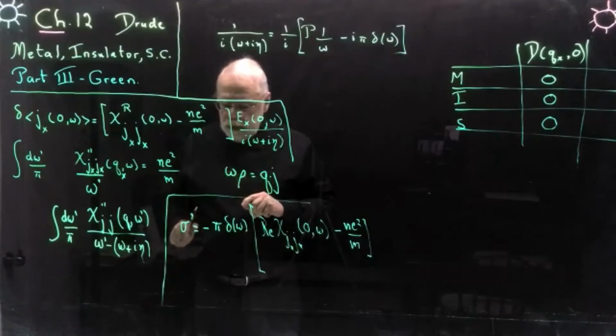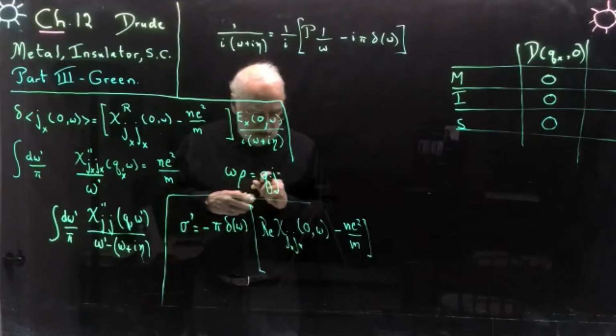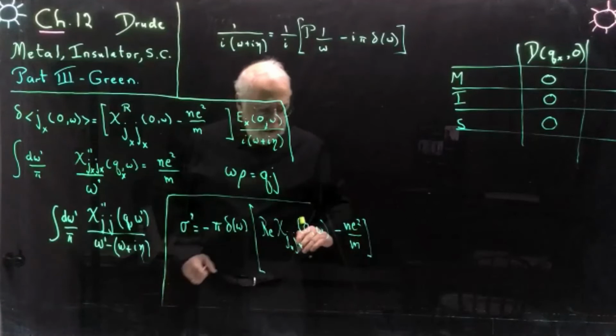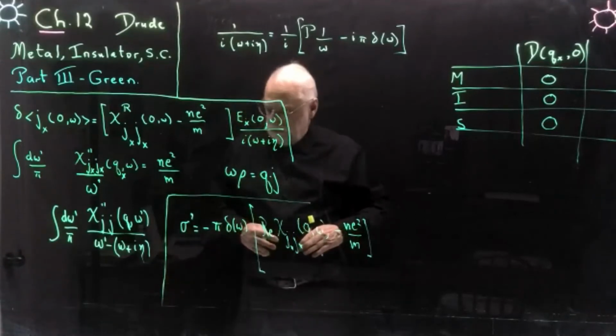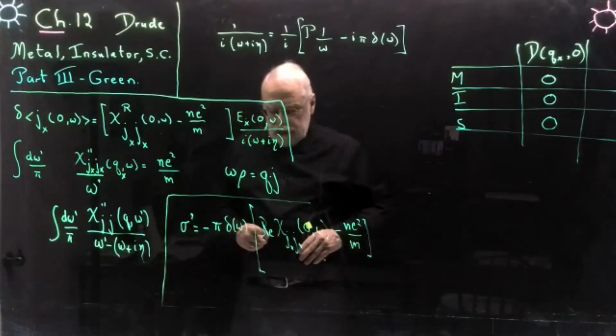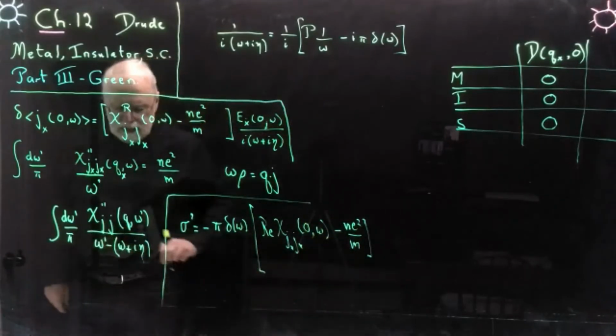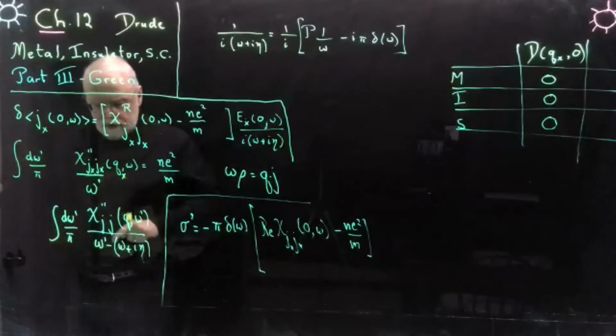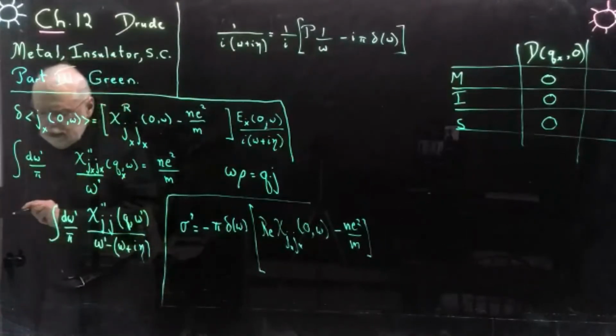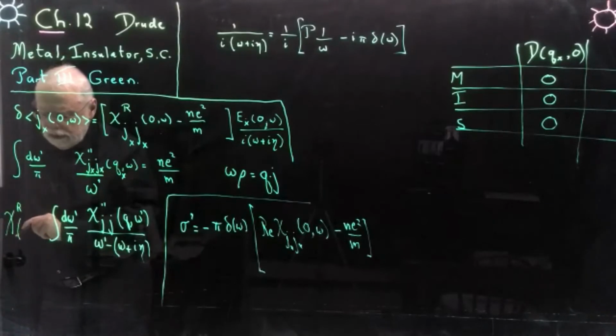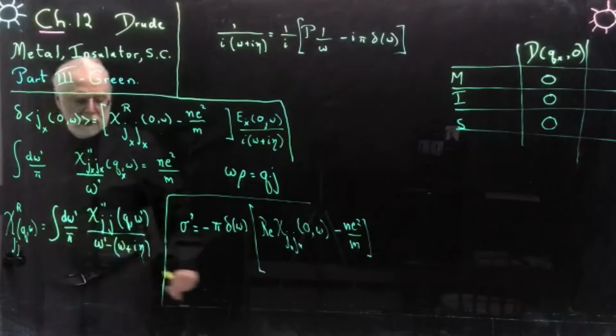So sigma prime, the real part of conductivity. You see that the real part here, as you remember using Kramers-Kronig, is the principal part of this quantity. So this is chi retarded, jj of Q and omega equals this.